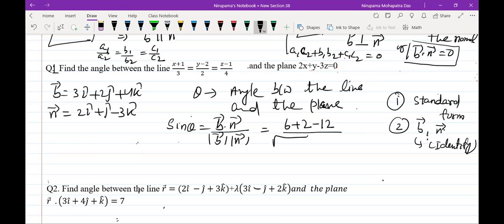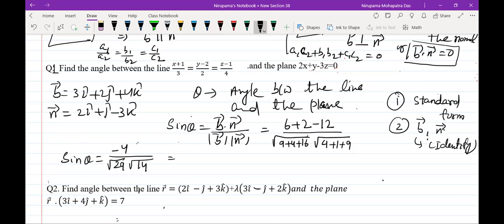magnitude of b, that is root of 9 plus 4 plus 16. Then magnitude of n is root of 4 plus 1 plus 9. So it means you are getting sin theta equal to 6 plus 2 minus 12, that is minus 4, divided by root 29 into root 14.